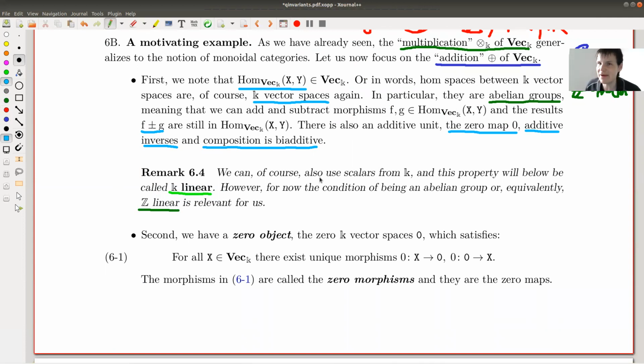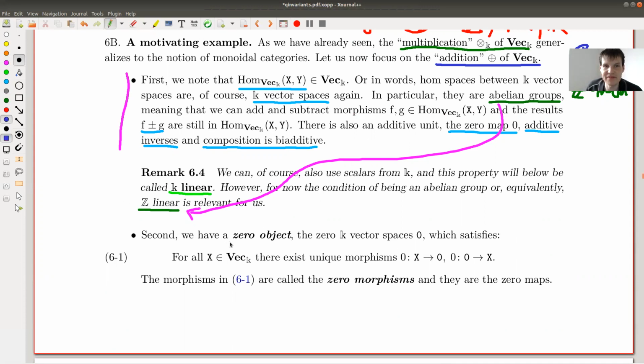Just keep in mind, abelian group means Z-linear, so over the integers. Okay. So all I said is that hom spaces are abelian groups, basically. And in vector spaces, it's pretty clear that hom spaces are abelian groups.